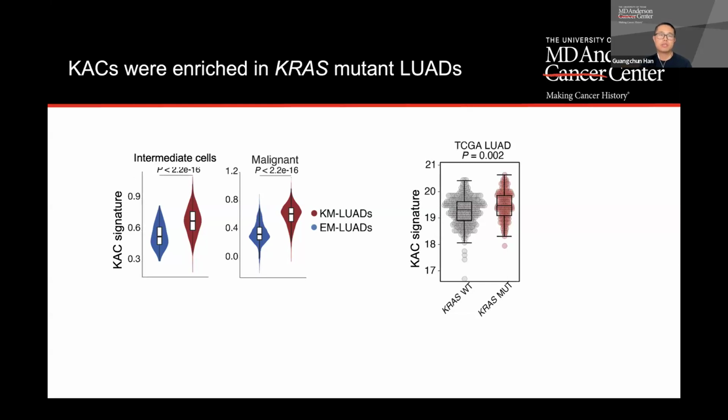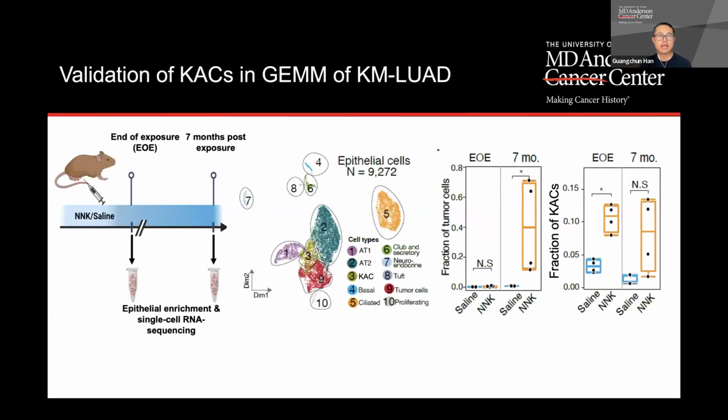Considering this, we used a very interesting genetically engineered mouse model, which is a KRAS mutant mouse model. With this mouse model, after the tobacco carcinogen treatment, the mouse can grow tumor cells within the lung tissues, and we use this model to validate the involvement of the key findings in the human part.